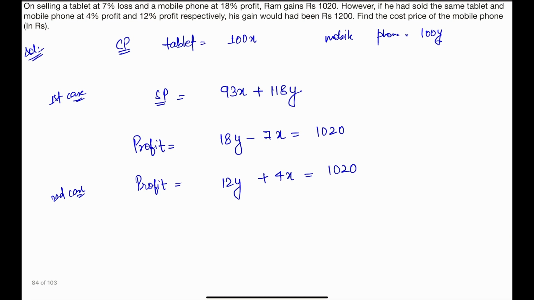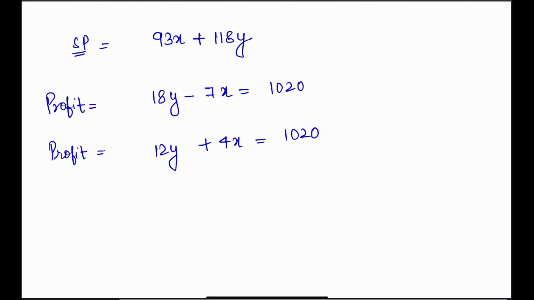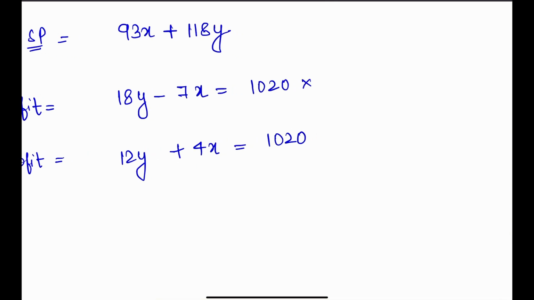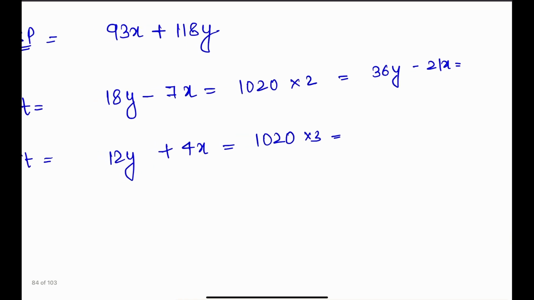So what I need to do, I need to find out the value of the cost price of the mobile phone. So it's easy. I will multiply both sides, this side by 2, this side by 3. So eventually this will be 36y minus 21x equal to 2040.